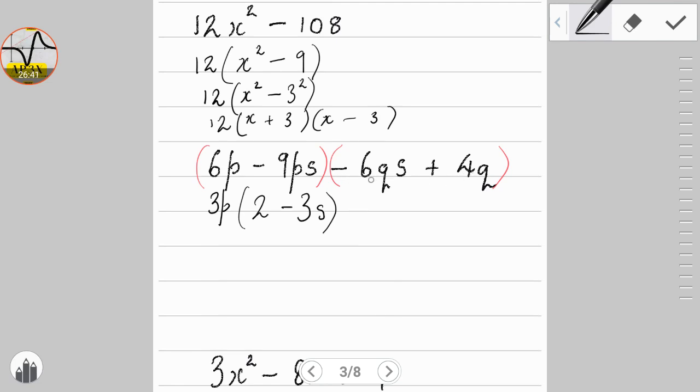We're then going to go ahead now and try to factorize this expression here on the right side. Remember that whatever we factor, we must get the same things in the bracket. So the common factor here is always going to be minus, say here, 2. 2 can go into 6 and 2 can go into 4. And we also see a repeated term here of q, so that's 2q here.